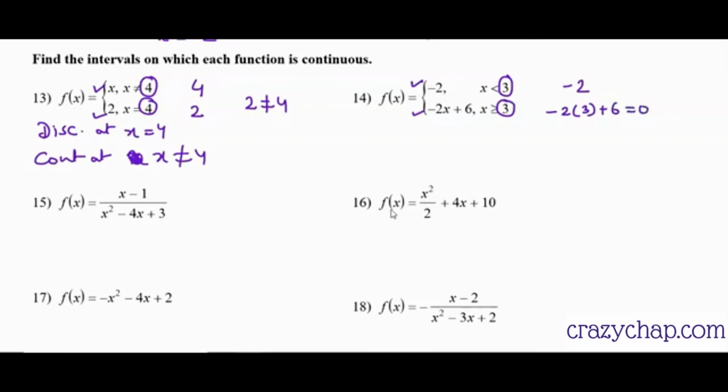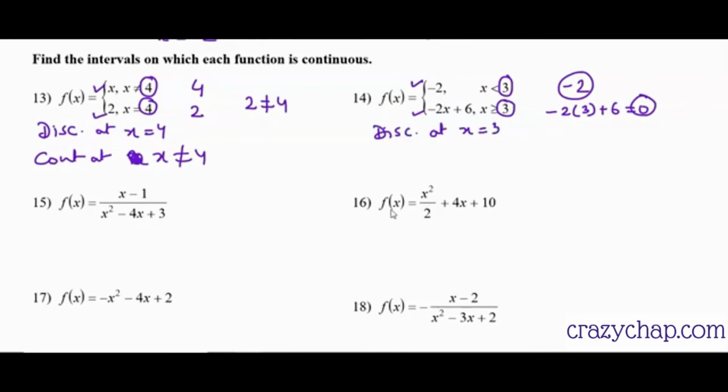Because these values are not equal, for sure this function is discontinuous at x equal to 3.